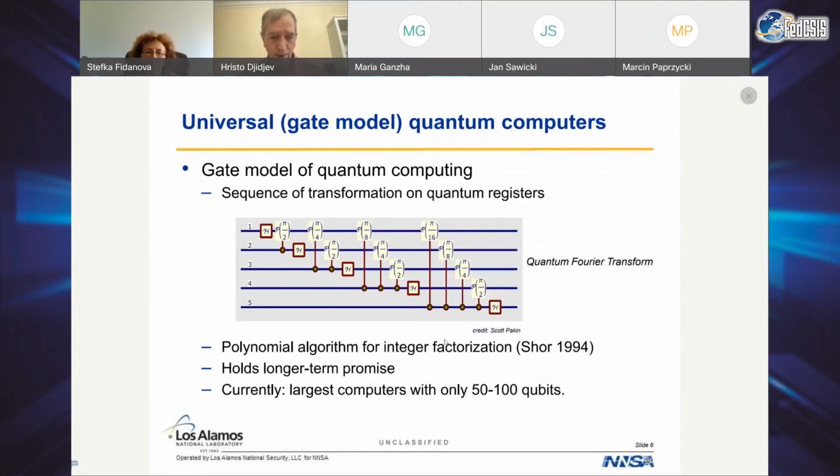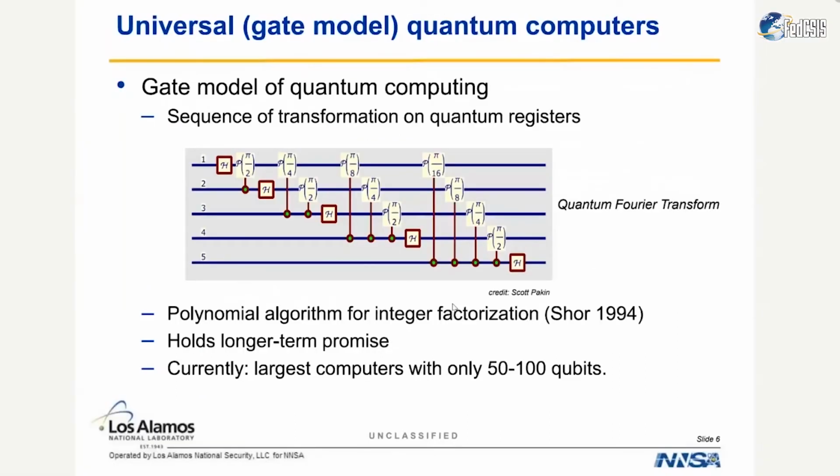Okay, so first we'll talk about the universal, or so-called gate model, quantum computer. The program for this computer is represented as shown in the picture. Each line corresponds to 1 qubit.